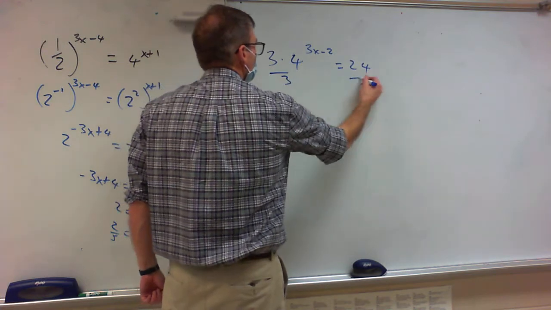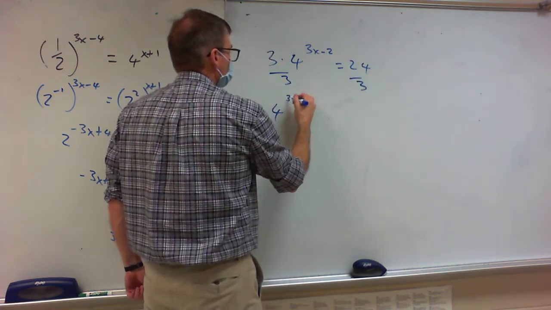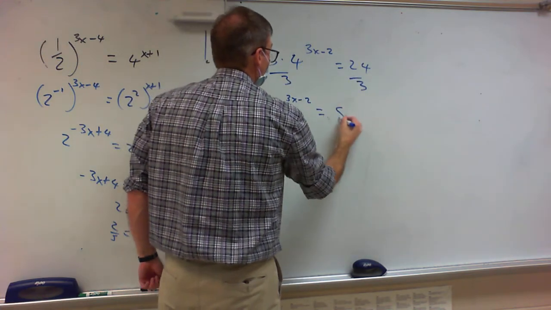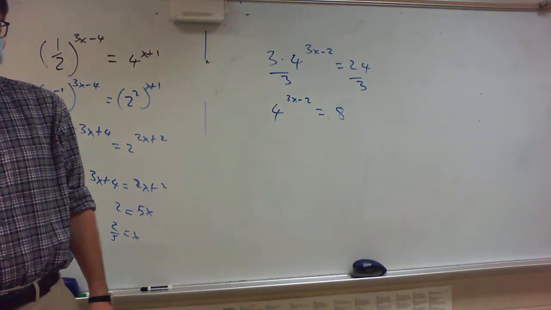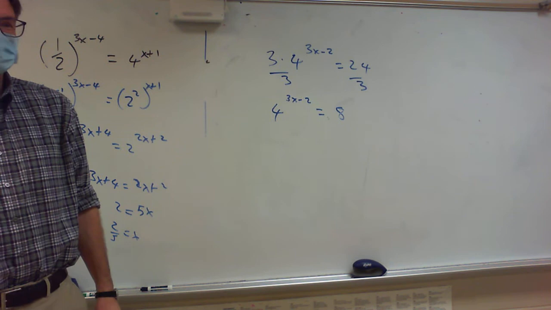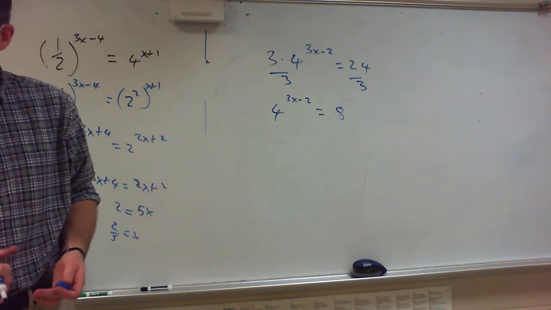So I end up with 4 to the 3x minus 2 is equal to 8. Now, does this look like something you could handle? Okay, so finish.